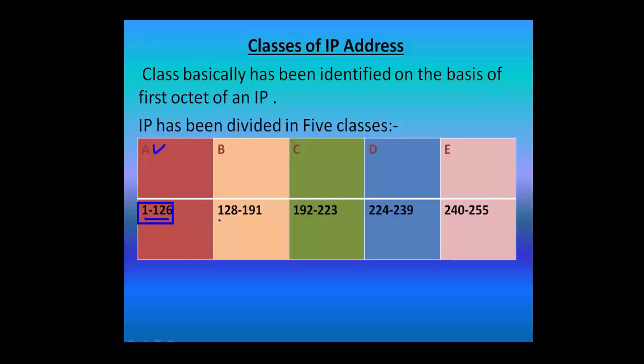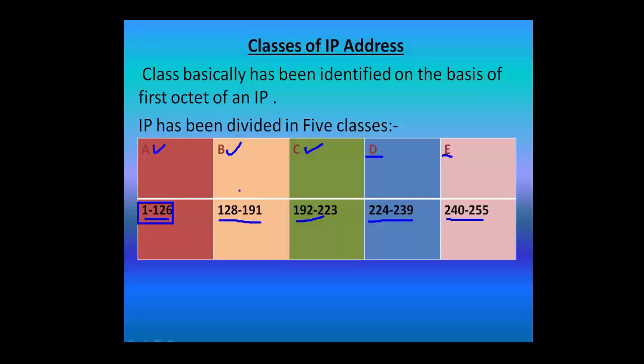If the first octet starts with 128 to 191, it comes under the B class. If any IP starts with 192 to 223, it is C class; any IP starting with 224 to 239 is D class; any IP with first octet between 240 to 255 is the E class.